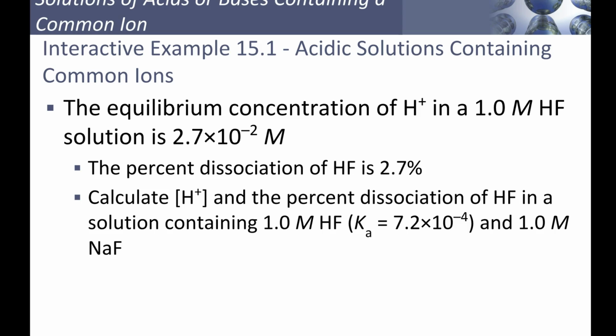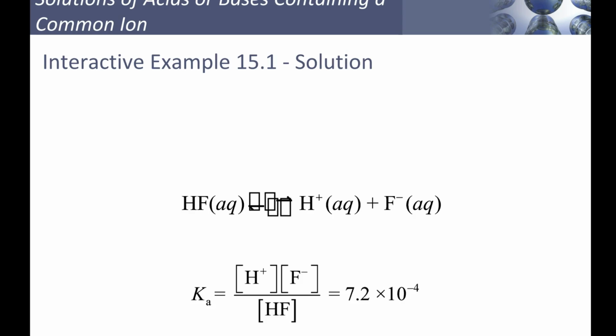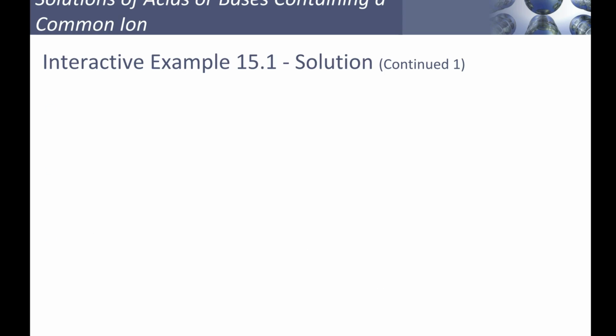Sodium fluoride is very soluble. Remember the solubility rules. So in solution, it's sodium and fluoride ion. So now, in the beginning, you already have fluoride ions to begin with. Okay? Like we have to take that into account, especially with the next chapter when we look at Ksps.